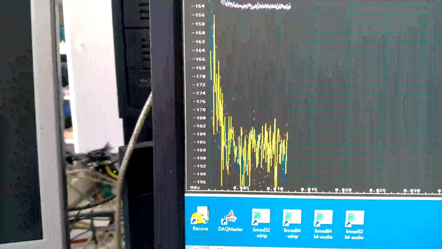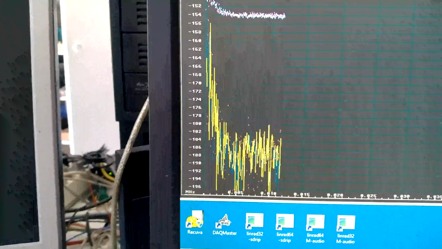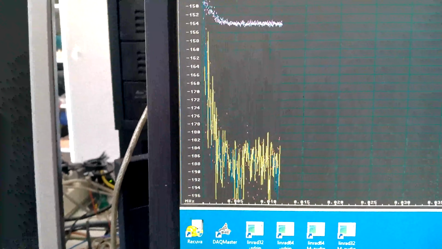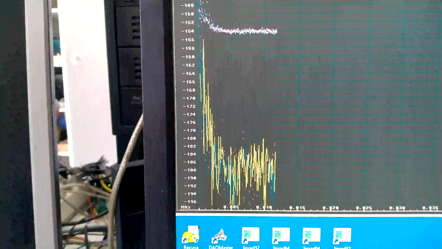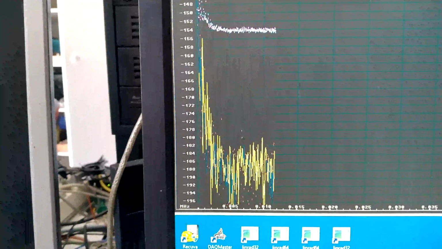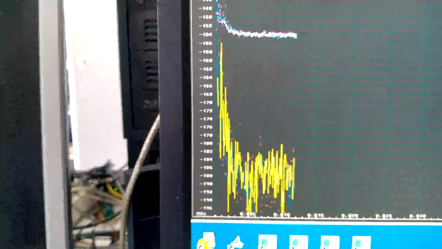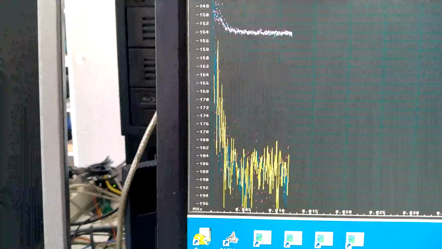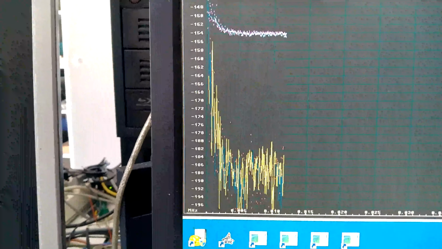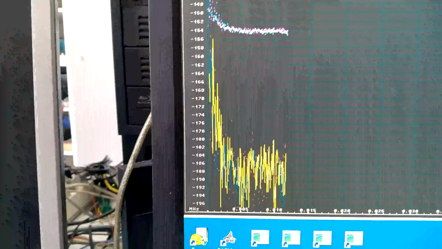The noise floor at 5 or 10 kilohertz is now maybe minus 186. It has not reached the proper value. That will take much more time probably, and I will not wait for that.